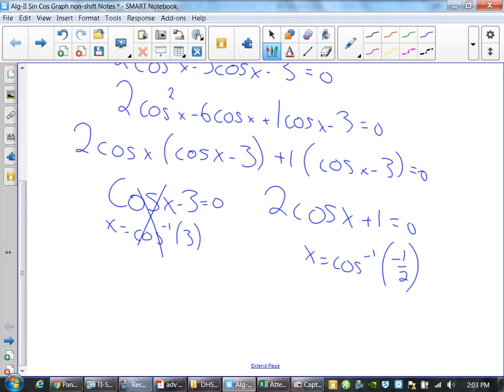Cosine is negative in the second and the third quadrant, so I come up 60 degrees and I'll be at 2 pi over 3. I go down pi over 3, I'm at 4 pi over 3. This was a general or list all, so this should be good.